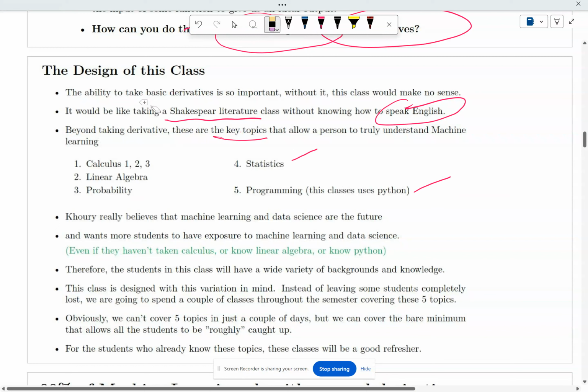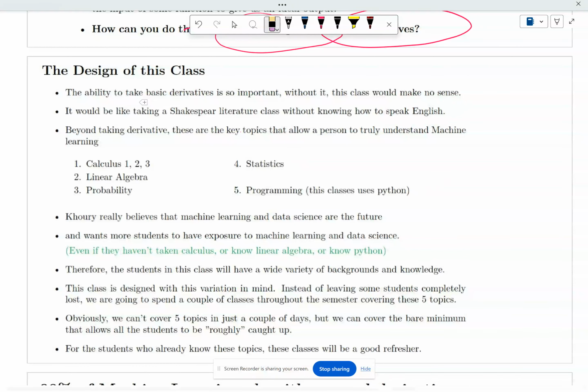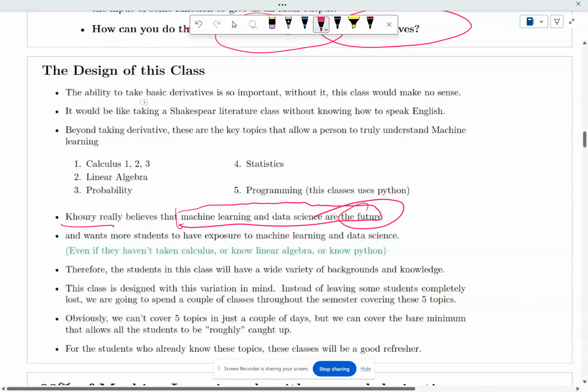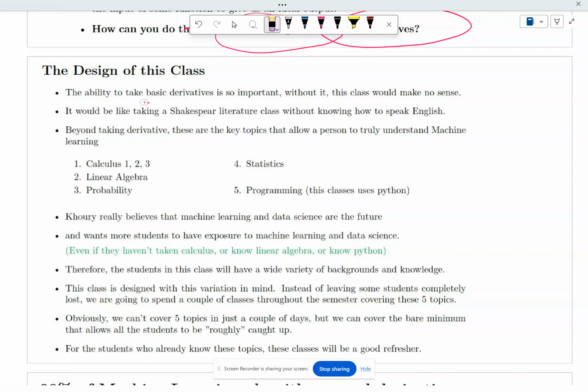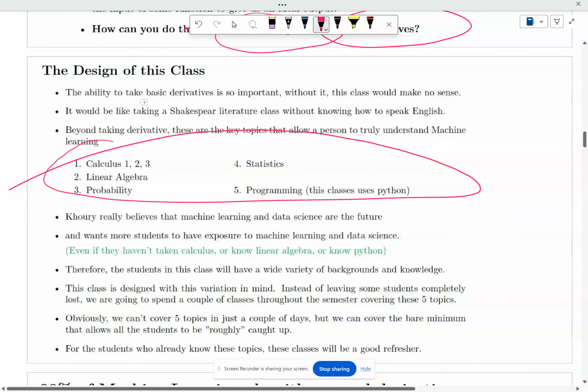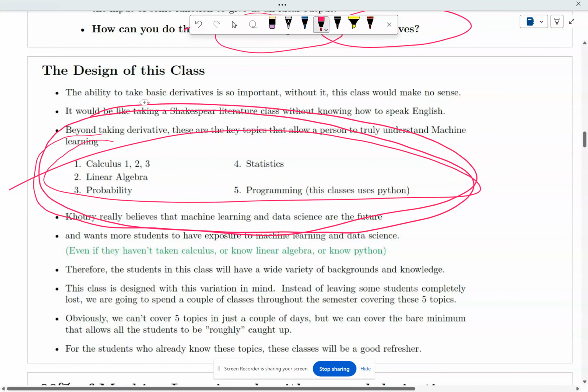So here at Curry, Curry really believes that machine learning is going to be the future, right? It's going to be the future. So we want a lot of students to be exposed to machine learning, even if they may not have all these prerequisites. So this class is designed with that in mind. In the beginning, we're going to go over and cover these topics.